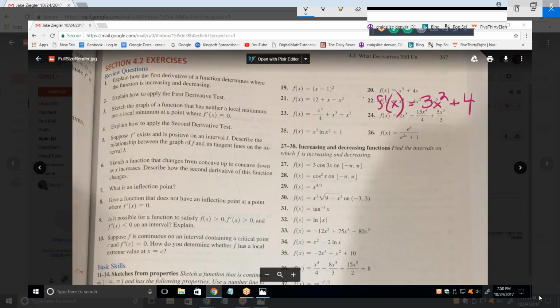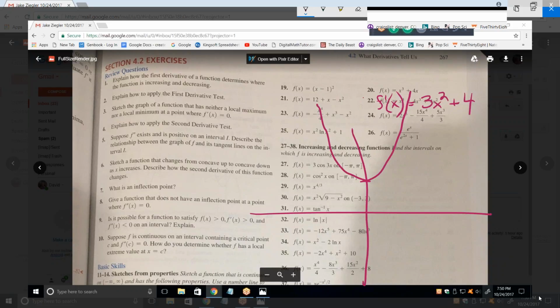Well, oddly enough, I do know how to graph that. That's a parabola, right? Where's the vertex? At the origin, it's at 0, 4. Right. For the point. And it opens up and it's skinny. So that's the graph of that function.